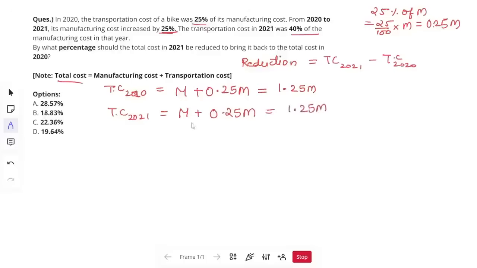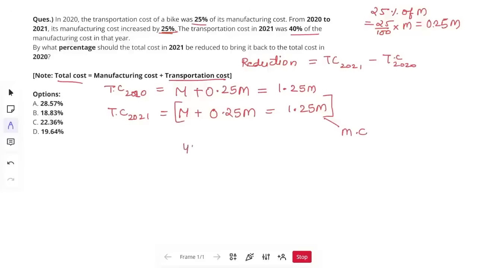Next, this is not the total cost. This is the manufacturing cost. Just understand, this much is the manufacturing cost. In order to find the total cost, we need to add the transportation cost also, right? Because we have seen that. Now let's add the transportation cost. So what is the transportation cost? The transportation cost is 40% of the manufacturing cost.